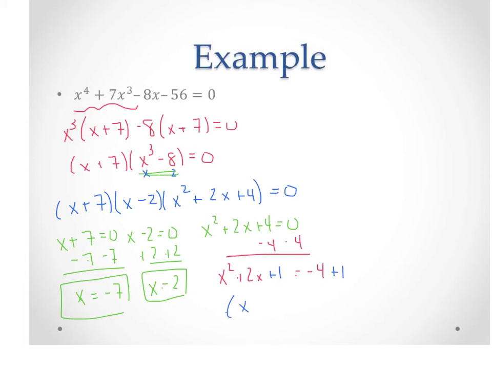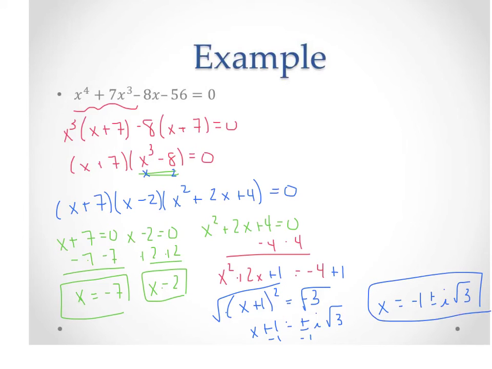Then you're going to factor, this is x plus 1 squared equals negative 3, square root both sides, x plus 1 equals plus or minus i square root of 3, subtract the 1, x equals negative 1 plus or minus i square root of 3. So there's our 4 answers, negative 7, positive 2, and negative 1 plus or minus i square root of 3.